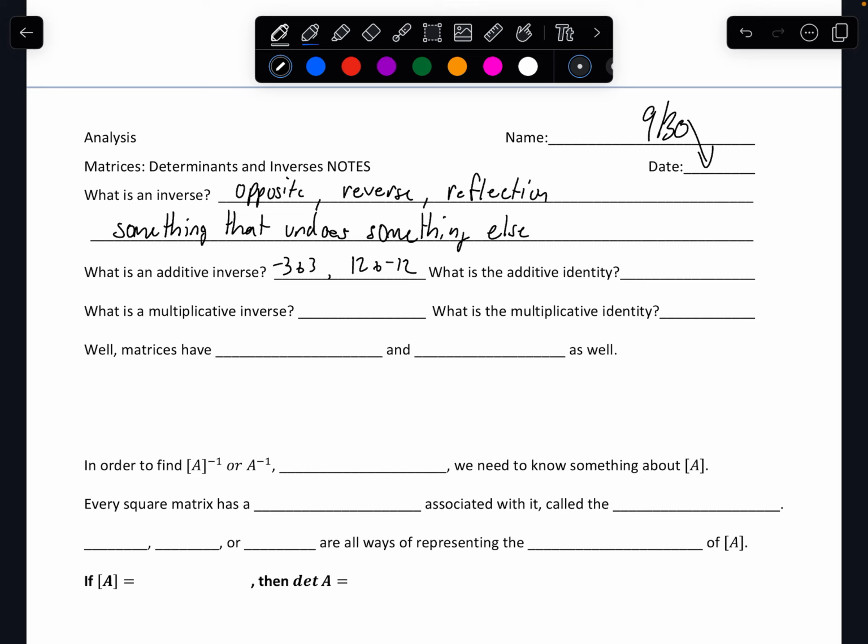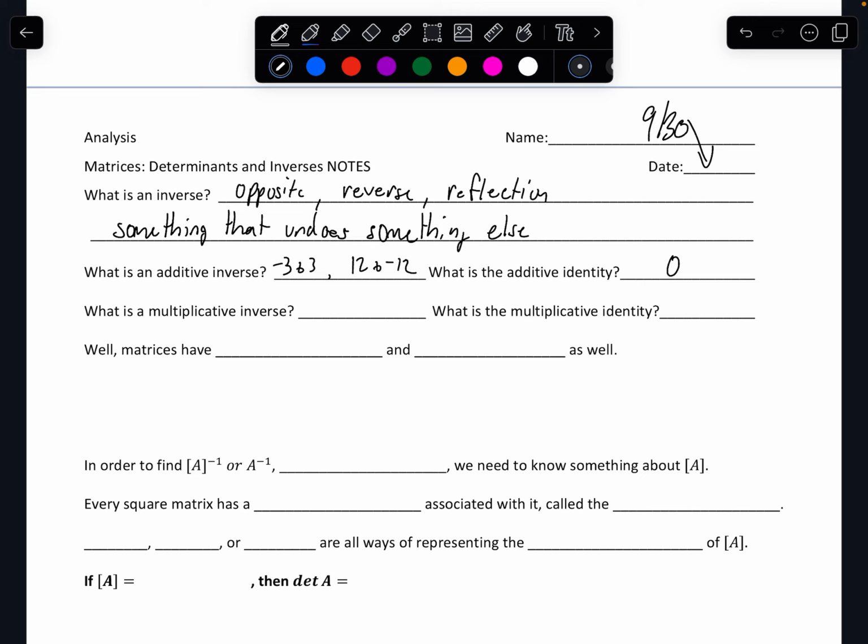And when you add additive inverses together, you get the additive identity, which is why we call it the identity, because it gives the whatever back. So what do we add to something to get the same answer back? We add 0 to something to get the same answer back. 3 plus negative 3 is 0, and 12 plus negative 12 is 0. So when you add additive inverses together, you get the additive identity.